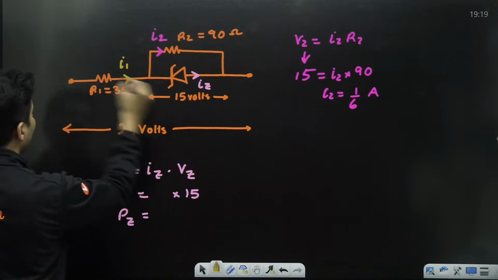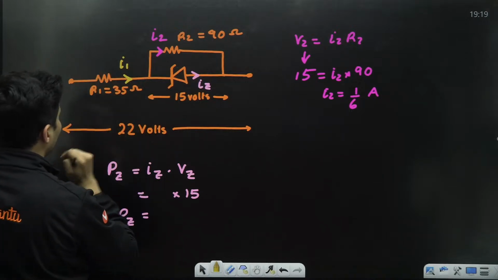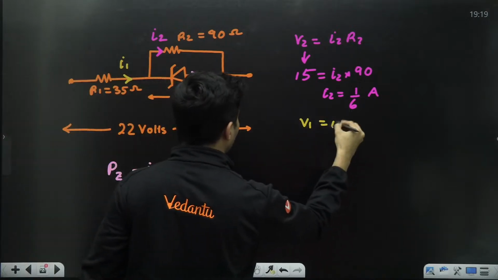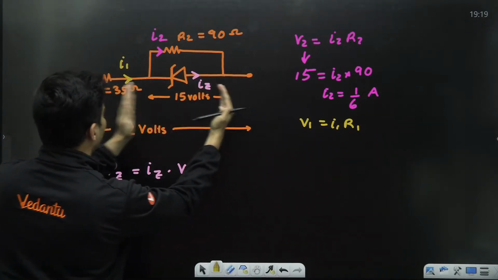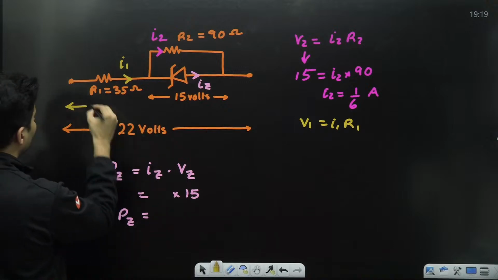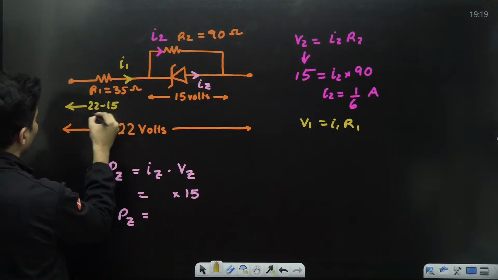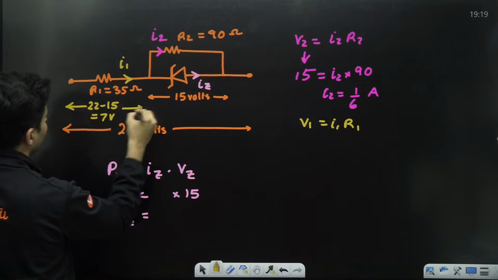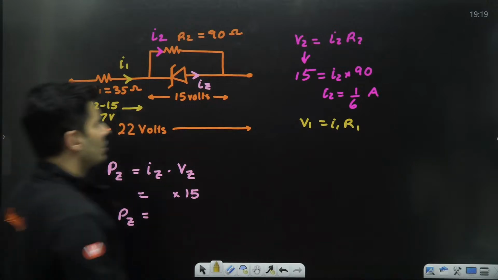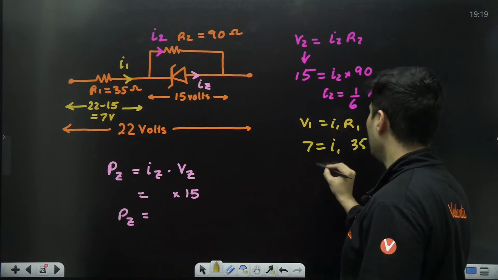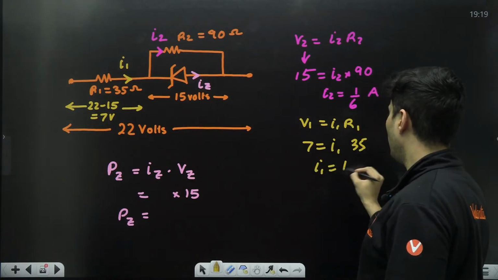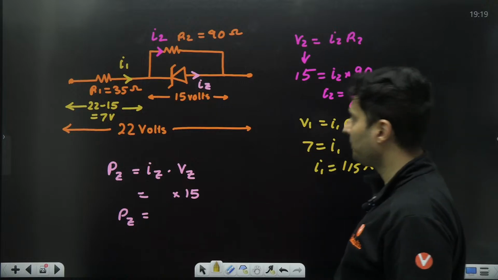Similarly, over here, this voltage, if I know, my job will be done, because V1 will be I1 R1. If this is 22, this is 15, how much will this be? This will be 22 minus 15, which is basically 7 volts. So this will be 7. R1 is basically 35. So I1 will be 1 by 5 of an ampere.